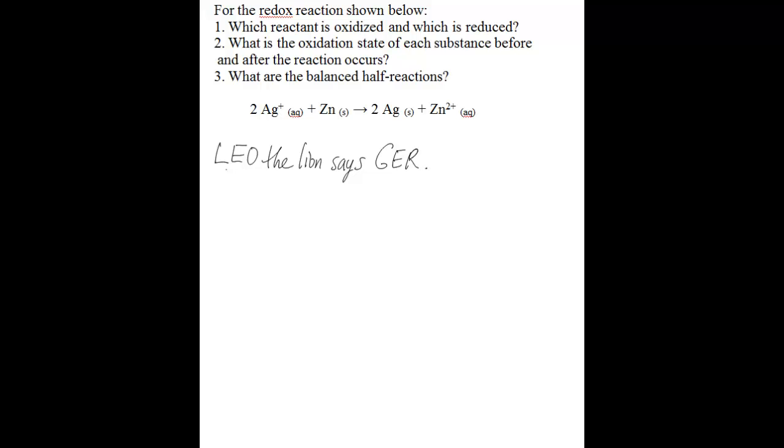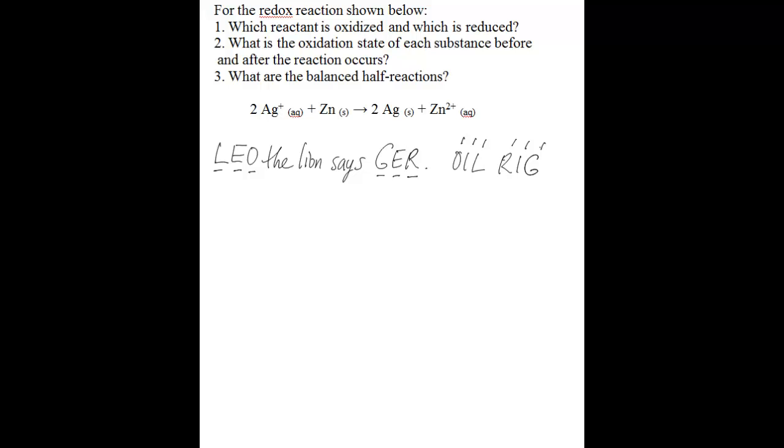So for this one, it's lose electrons, oxidized, gain electrons, reduced. And that's the one I've always used. But there's another one that is called oil rig. And this one is oxidation is loss, reduction is gain. So you can use either of those if they help you, or none of them if you don't need them.